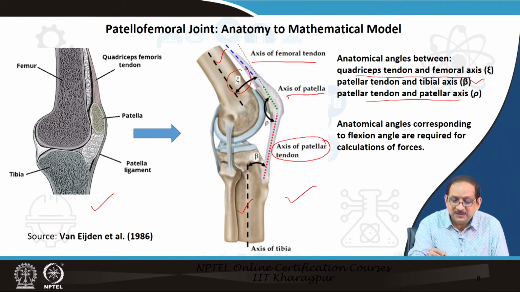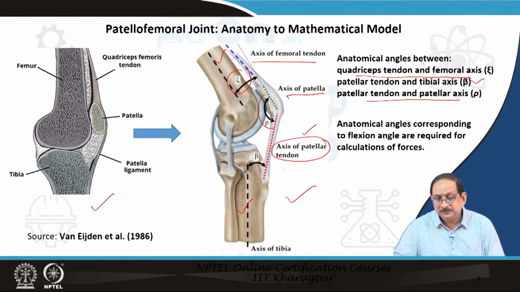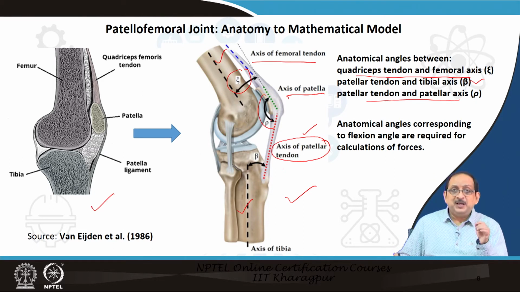So, axis of the patella and tendon of the patella, this angle. These anatomical angles corresponding to a flexion angle are necessary for calculations of forces in the knee joint.